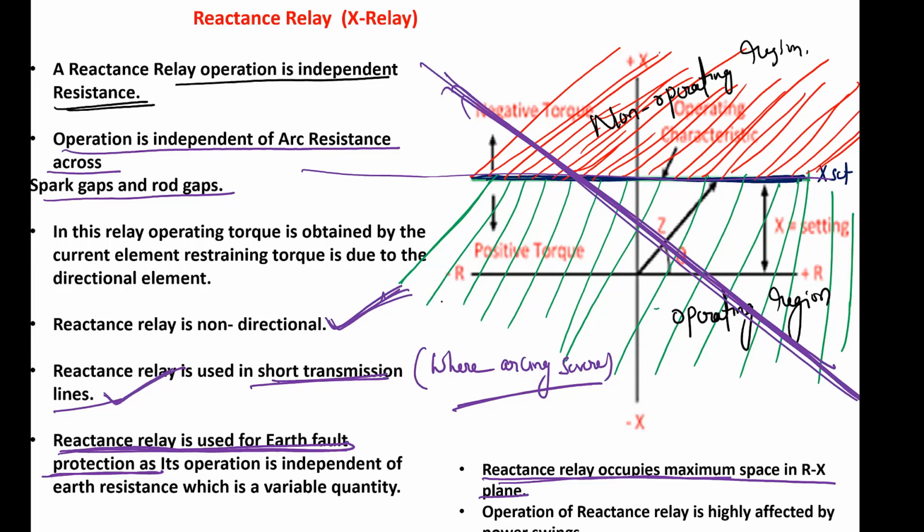Since this reactance relay takes the highest operating space in the RX plane, the reactance relay operation is severely affected by power swings. So we should not use reactance relay where the power swings are severe. That is, we should not use reactance relay in long transmission lines. Okay.